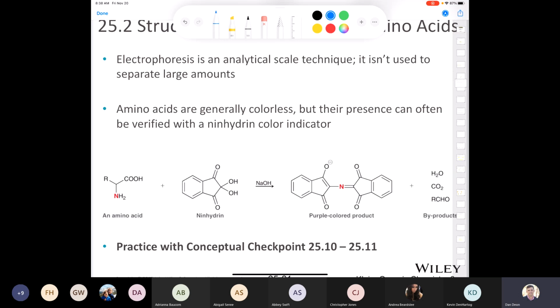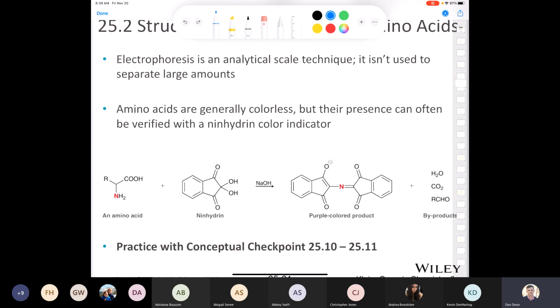When we perspire, our sweat is mostly water. Around 99% of our sweat is water, but there are small amounts of amino acids and proteins that come out in our sweat. So when a forensic scientist goes to a crime scene, they'll spray this ninhydrin around where they think there might be some fingerprints.